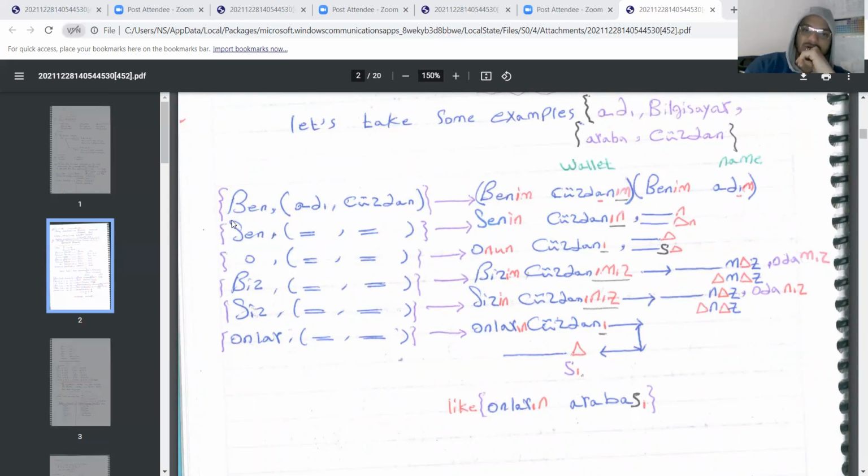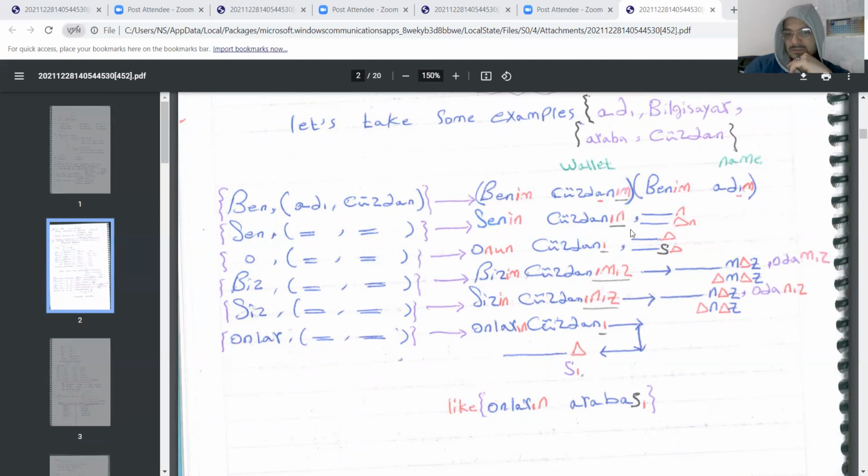For example, ben ad, cüzdan. Ben, I, ad, name, cüzdan, how can I write by the appropriate way my name and my wallet will be benim cüzdanım. My name will be benim adım.